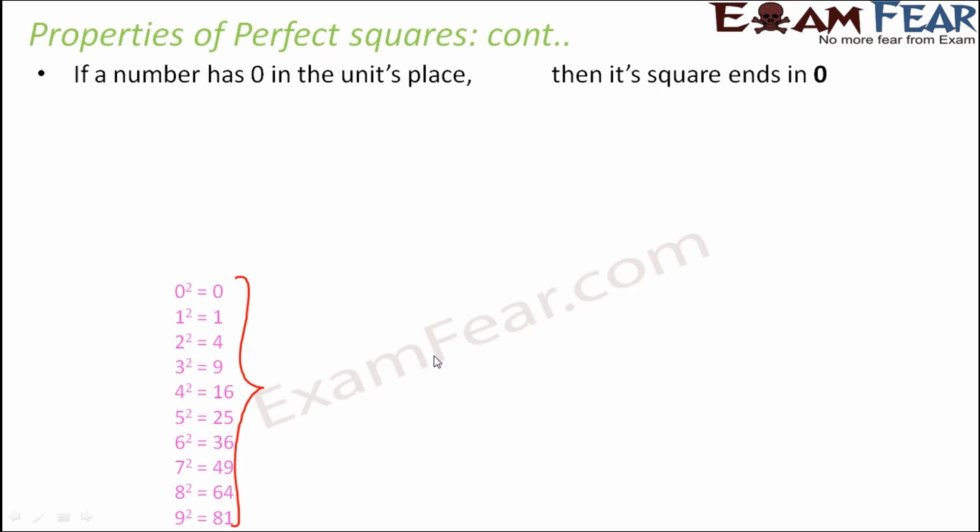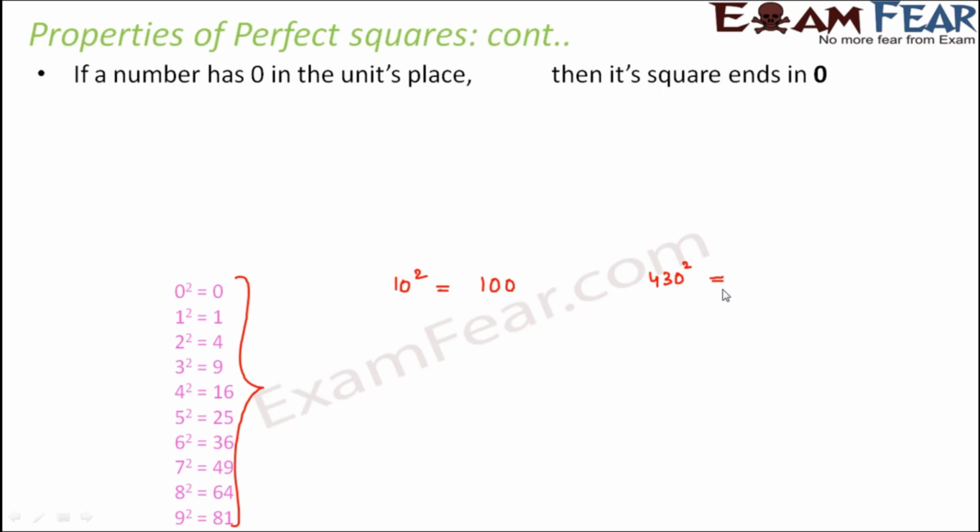It doesn't matter what number it is, how big it is. Let's think of a number like 10. So 10 squared would be what? 10 squared is 100. So any number which ends with 0, its square will also end in 0. Why? Because 0 squared is 0. As I said, the units place decides what would be the units place in the final result, right? Similarly, think of an example like 430.